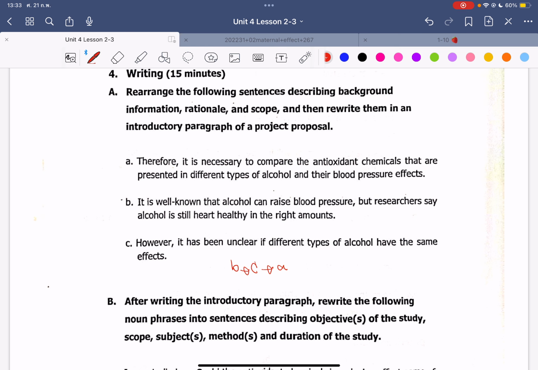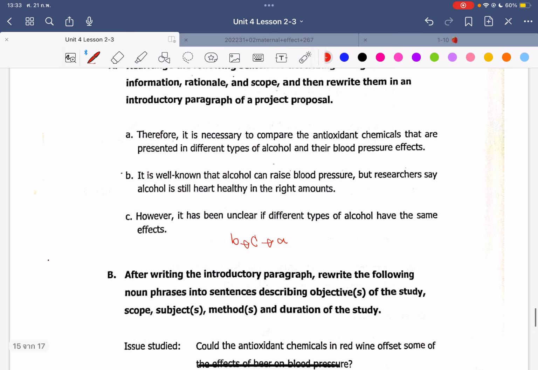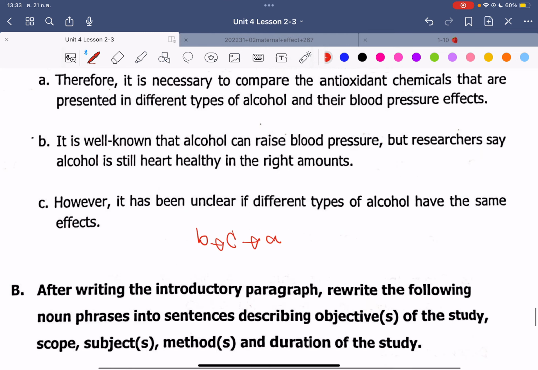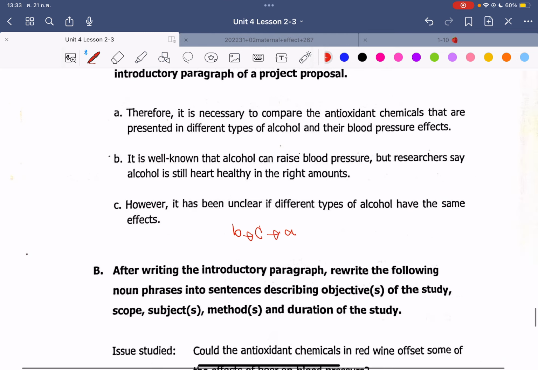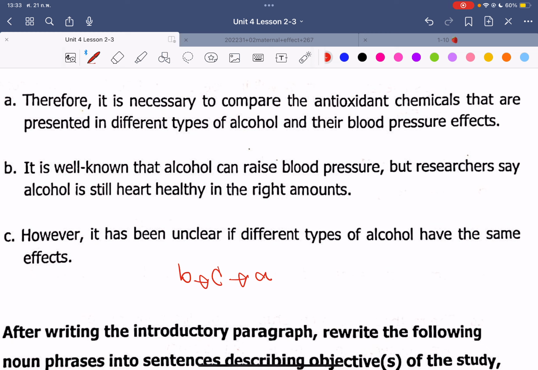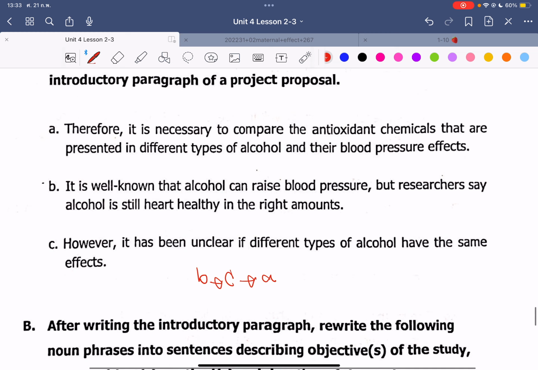And then why this study is necessary เพราะว่า we don't know. However, we are not sure if different types of alcohol have different effects, yes. แล้วก็ it is the scope ใช่ไหมคะ: therefore we need to compare. So that means in this study we will compare อะไรนะคะ we will compare antioxidant chemicals that are present in different types of alcohol and the effect on blood pressure, right? So อันนี้เป็น scope. Okay, so B is number 1, number 2 is C, and then number 3.